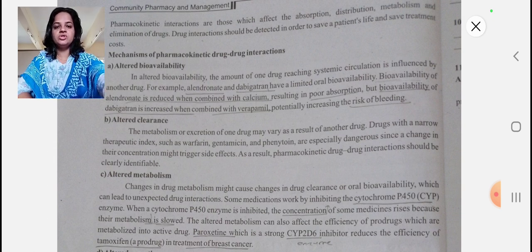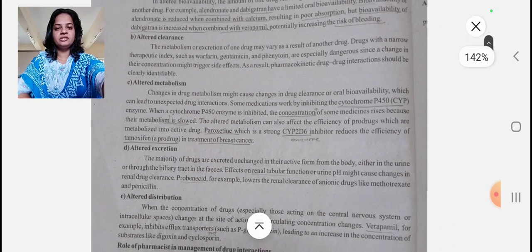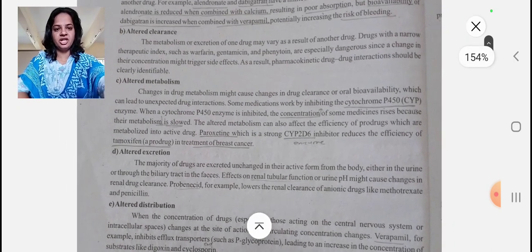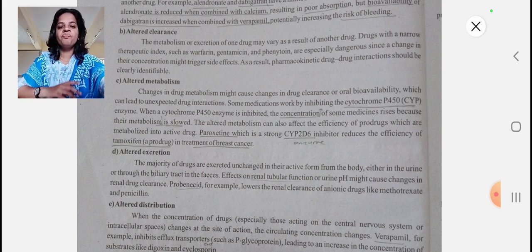Third is altered metabolism. Changes in drug metabolism also affect drug clearance and bioavailability. Some drugs work by inhibiting enzymes, that is the cytochrome P450 enzyme.